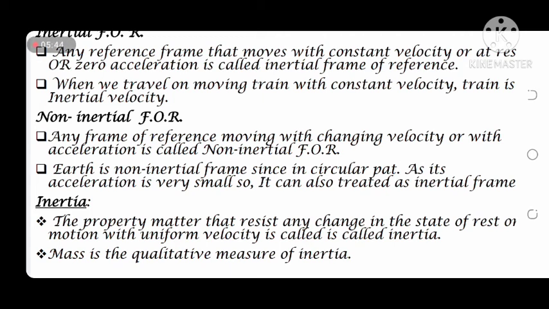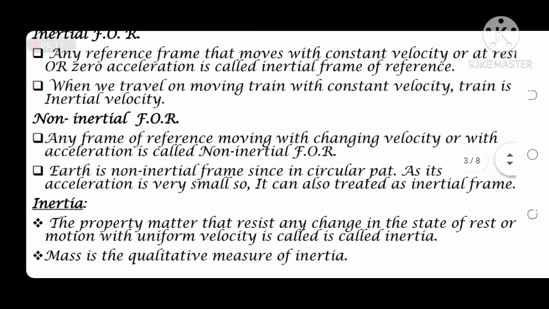Similarly, the non-inertial frame of reference; F.O.R. is abbreviated for the frame of reference. In contrast to the inertial frame, we can state it as any frame of reference moving with changing velocity or with acceleration.